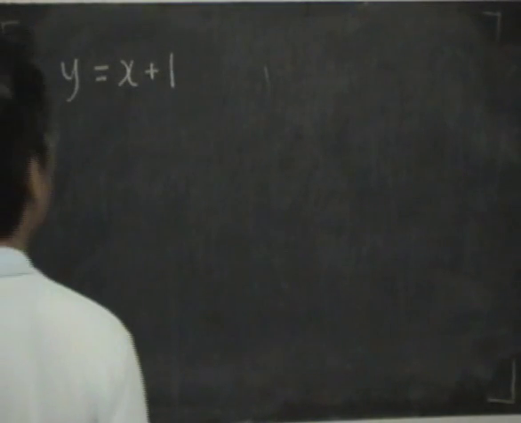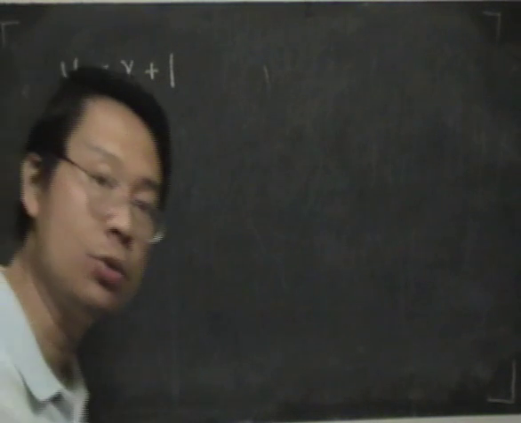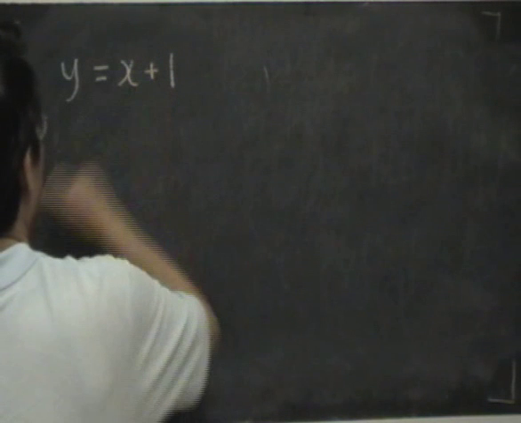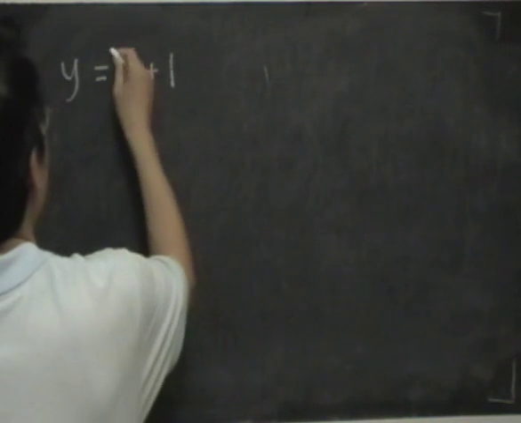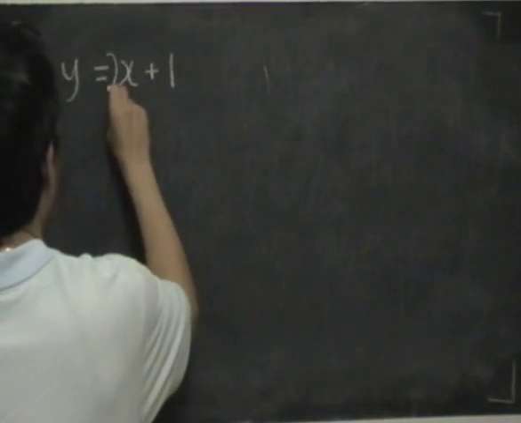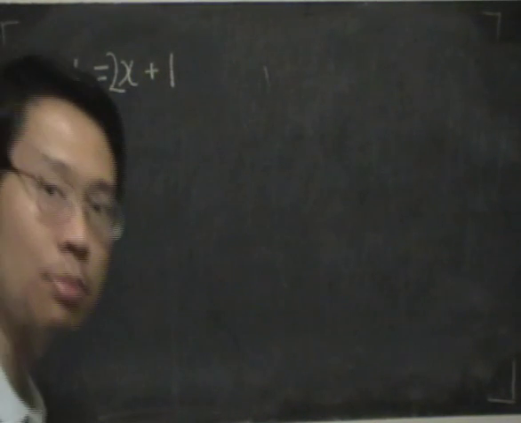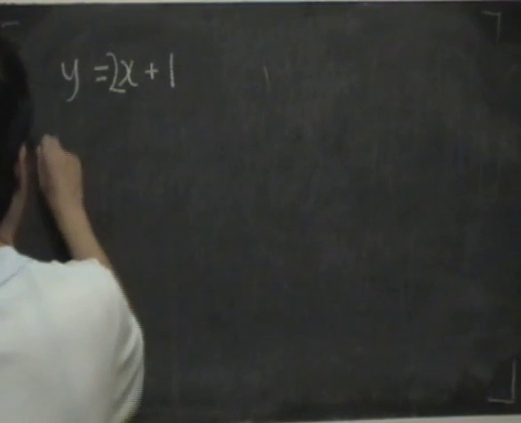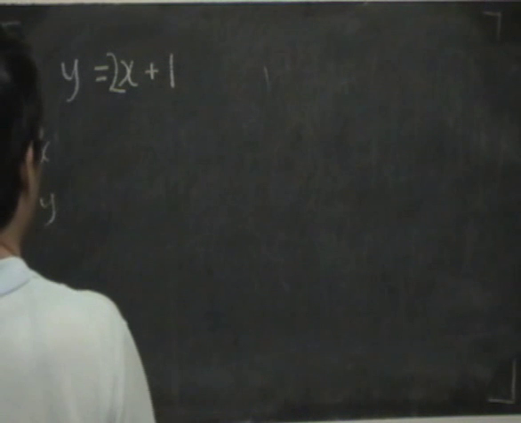Okay, so I'm going to do this really quickly. Let me just change this to say y is equal to 2x plus 1. So I have to make a table.